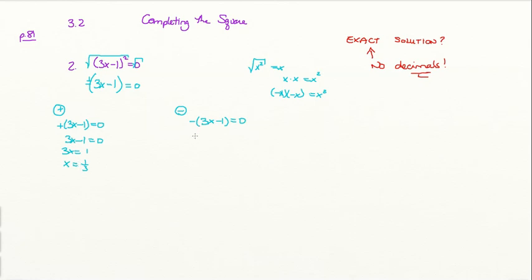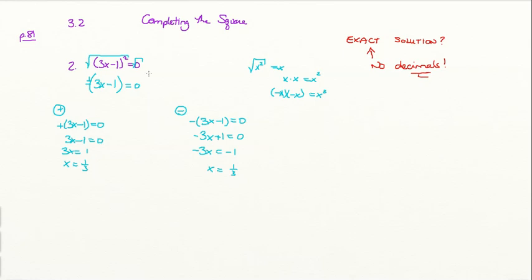And we'll do the negative. So our answer is x equals 1/3. You don't write it as a decimal, you don't use your calculator, you leave it as a fraction.